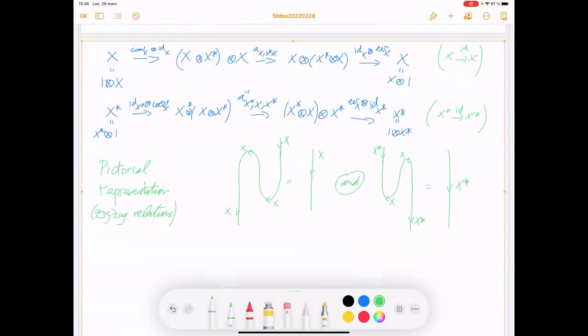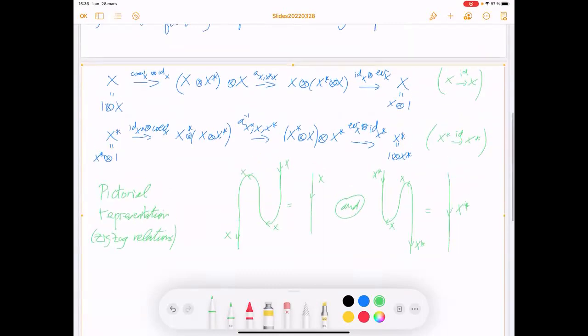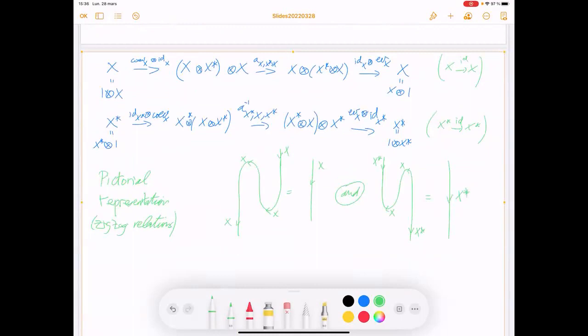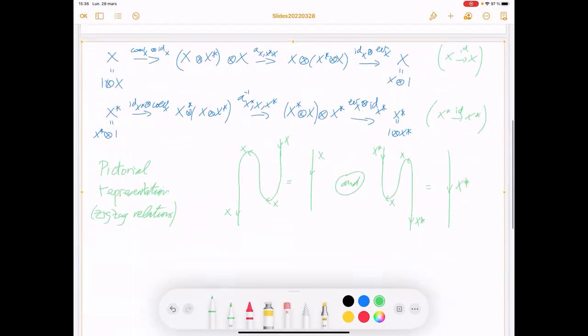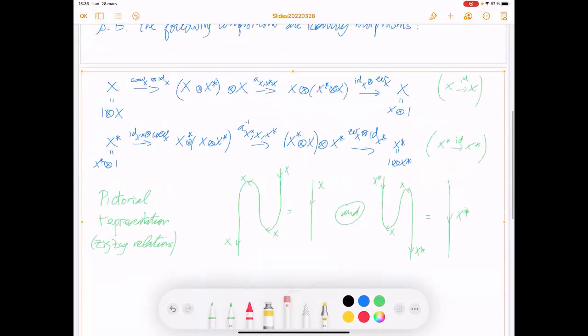So you see, I will not explain in details, but you can decompose step by step, and you recover exactly this composition and this composition.